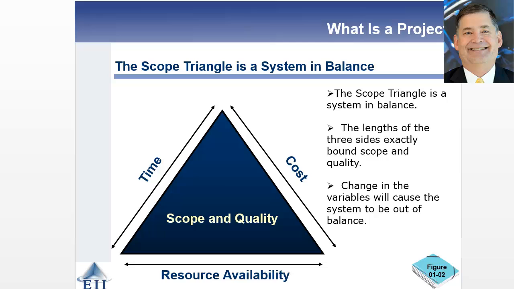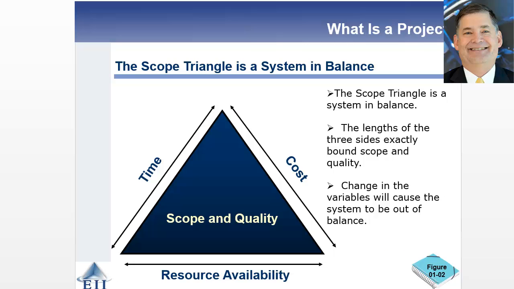If one of these changes, so if you change the time allocated to a project or the cost or the resource availability, or the scope or the quality, all of these things are related, and it will cause the system to go out of balance, and you're going to have to make adjustments in other components in most cases.